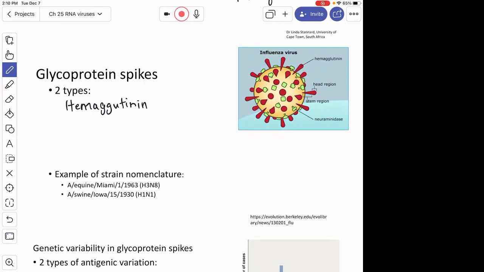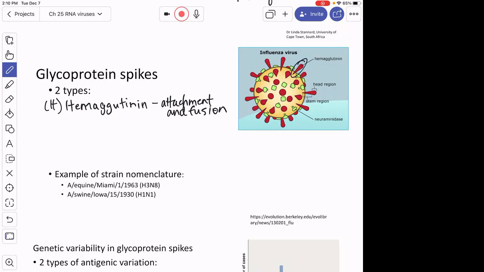So usually abbreviate that H. The hemagglutinin spikes are necessary for attachment and fusion. Okay, so that's the big red ones here on the picture.